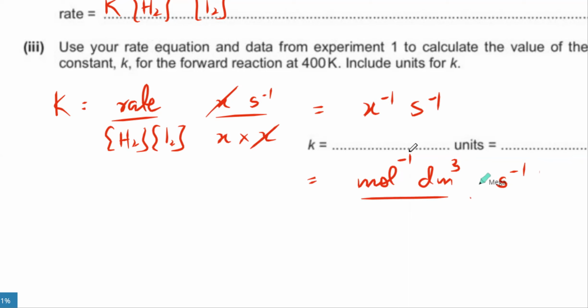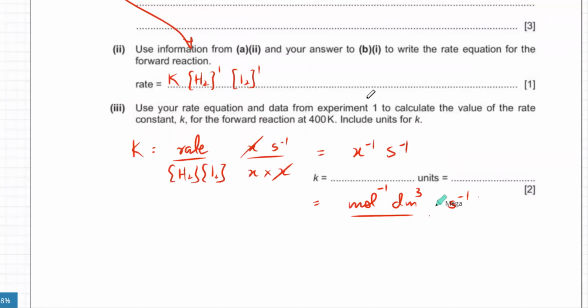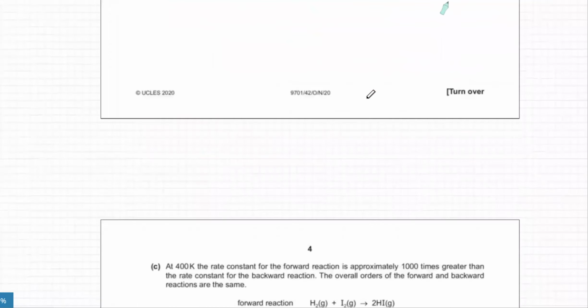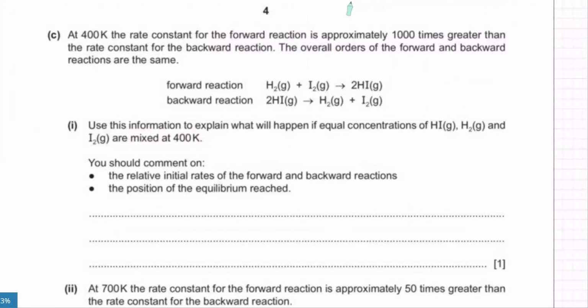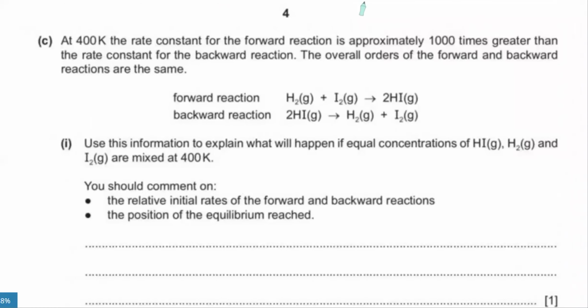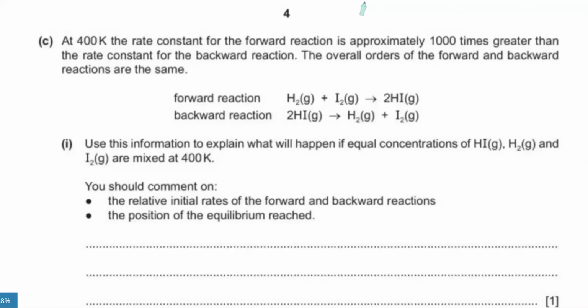It's much easier to just use X instead of mole per dm cube. It's much easier to simplify things. And that's your final unit. And you can find your value of K. So is this clear, the previous question? Is that clear? Yes, thank you.